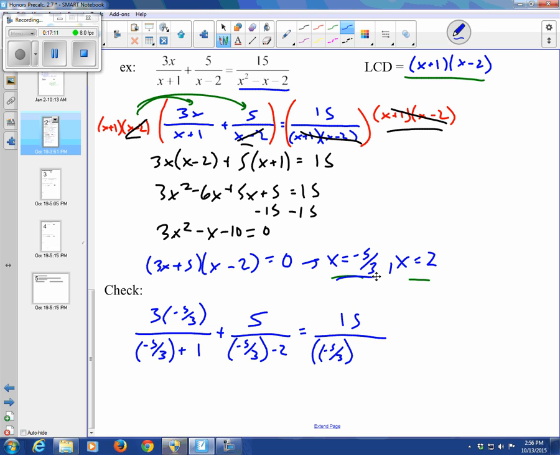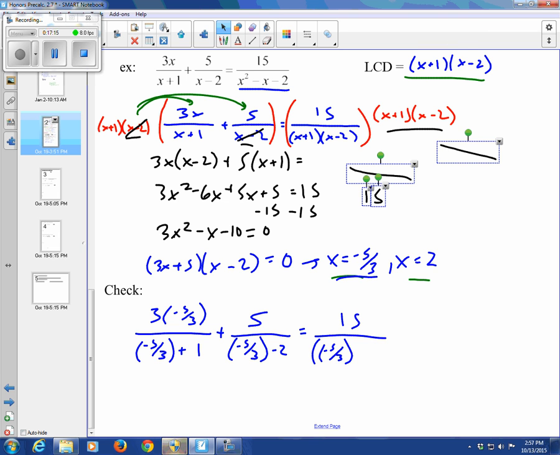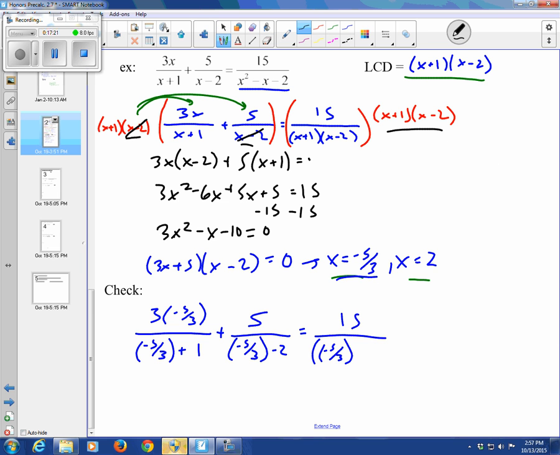And again, I'm going to plug it into the factored version of this, right? So right here, we're going to pull this out of here, 15 back, and right here we can have this as plus 1, so negative 5/3 plus 1 times negative 5/3 minus 2.